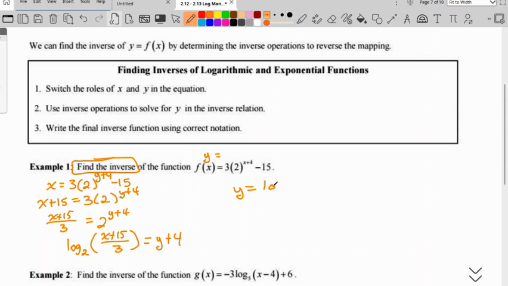That's going to be log base 2 of x plus 15 over 3, minus 4. Then the last step is to rewrite it in the correct notation, as f inverse of x. f inverse of x equals log base 2 of x plus 15 over 3 minus 4.